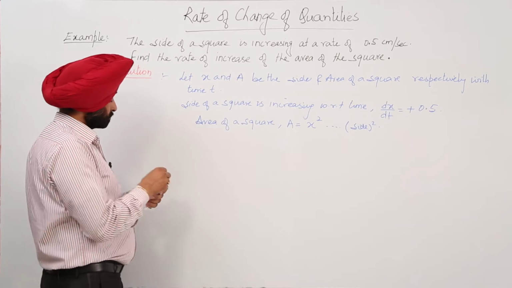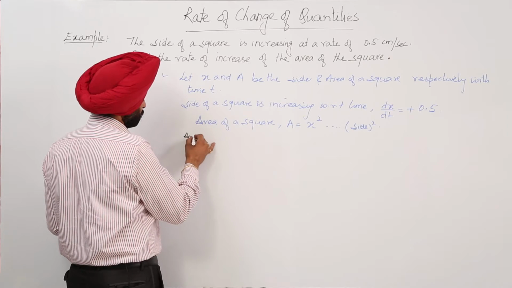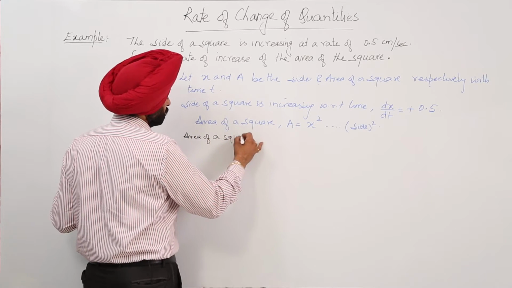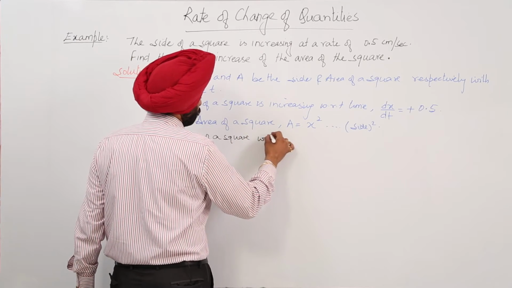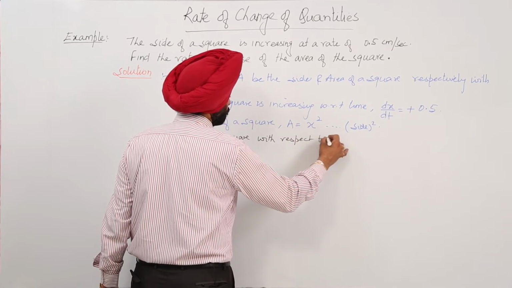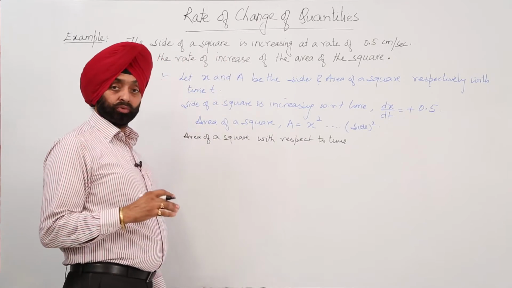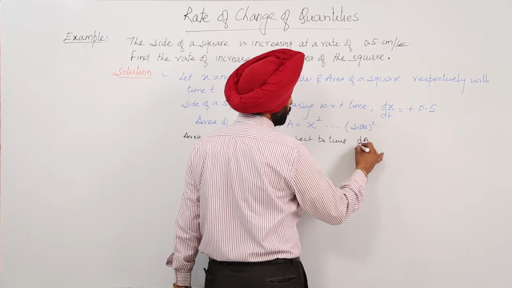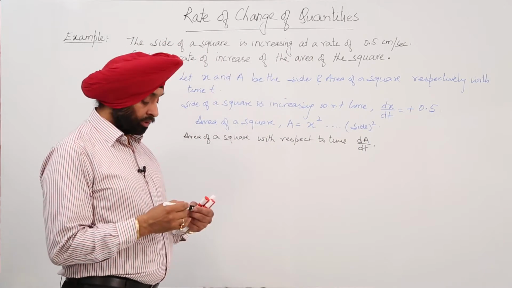Now, what can we write for the area of a square with respect to time? We can write it dA by dt. Okay, now let's solve the question.